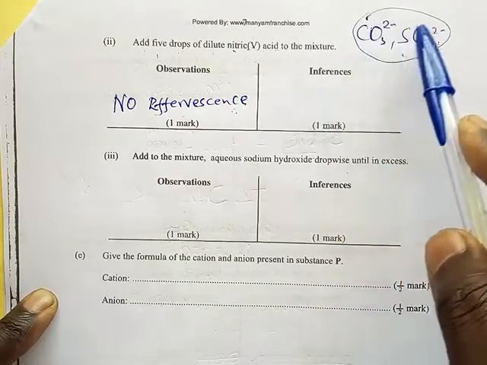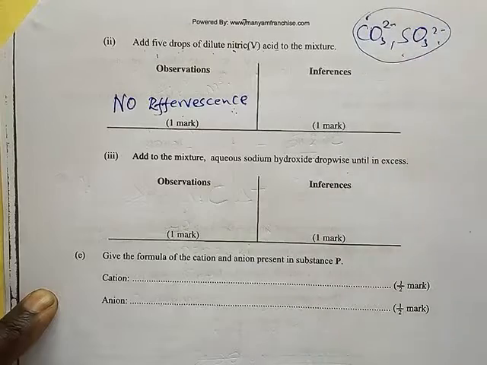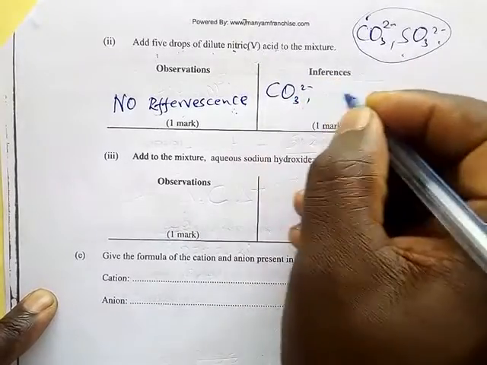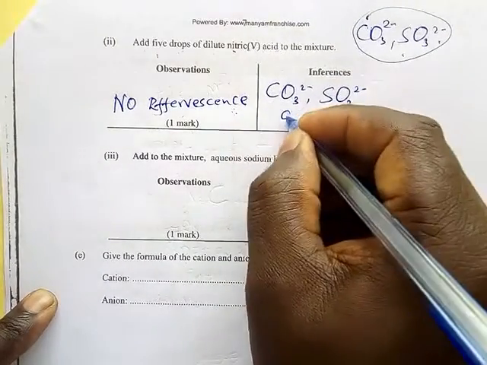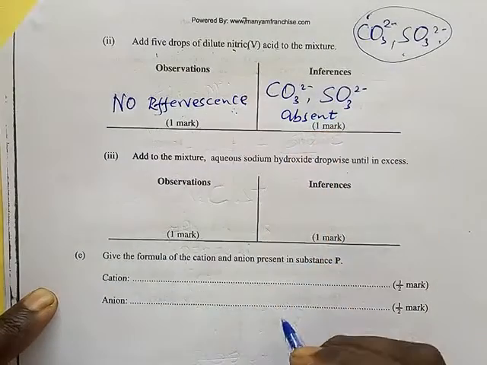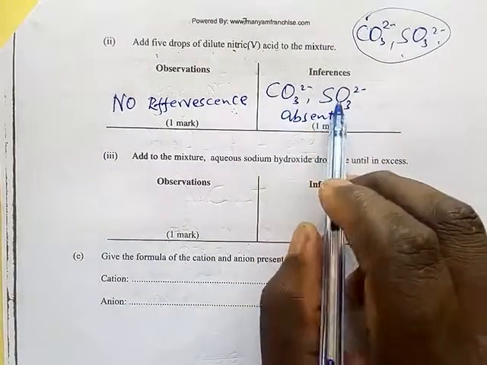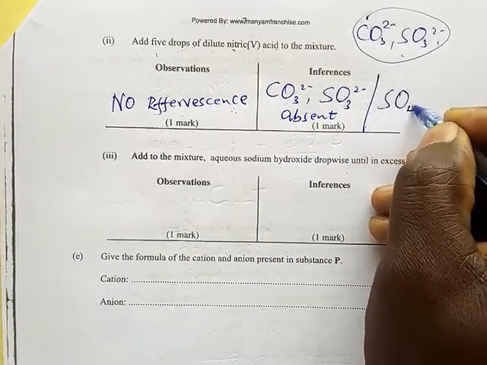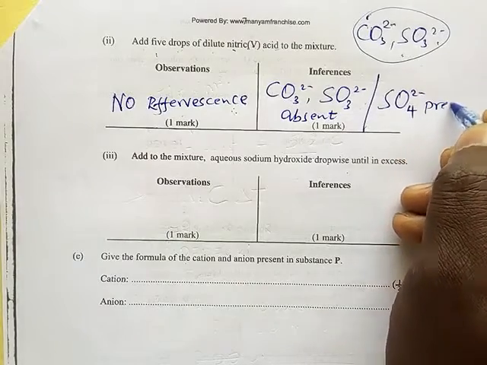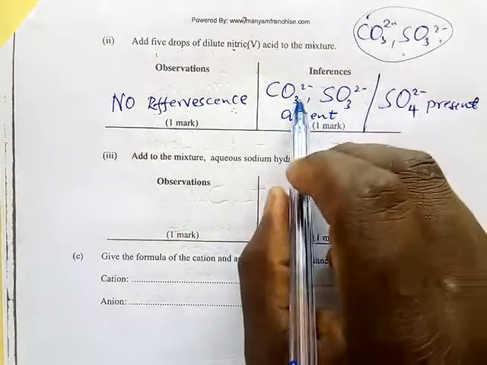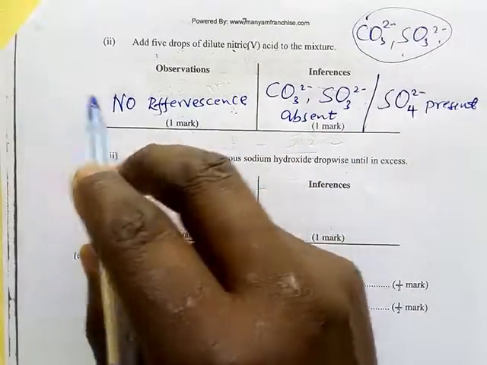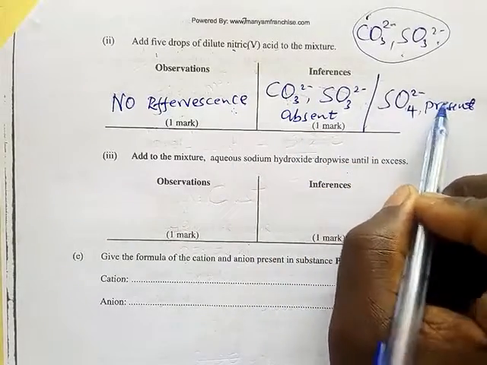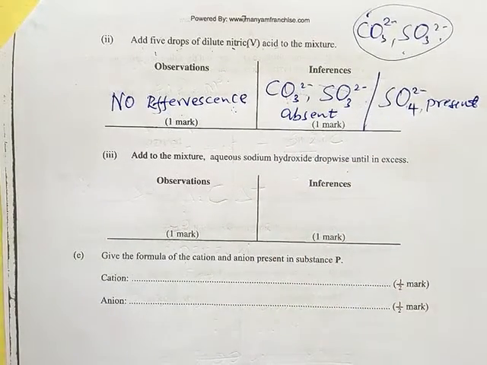They produce carbon dioxide, and the sulfite will produce sulfur dioxide, which will produce effervescence. So it means that the carbonate and the sulfite are absent. But remember, from our previous test, we had the sulfite, the carbonate, and the sulfate. Therefore, it means that the sulfate is present. It is acceptable like that.